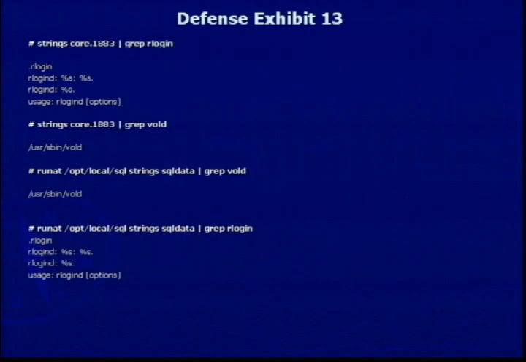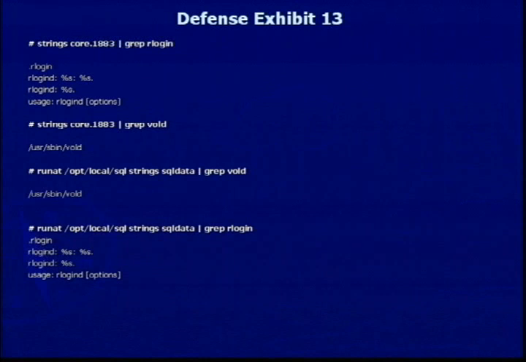After running several different programs against both the core image and the SQL data, I discovered some interesting attributes about the program, and I'd like to move to Defense Exhibit 13, please. I ran the strings command against the core file, and one of the strings in there is rlogind, an old Berkeley command for a remote login daemon.